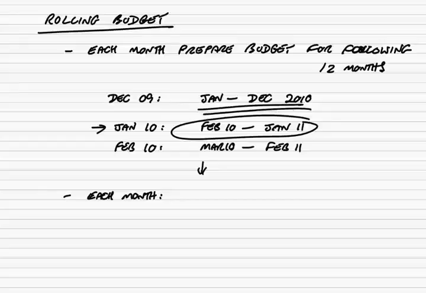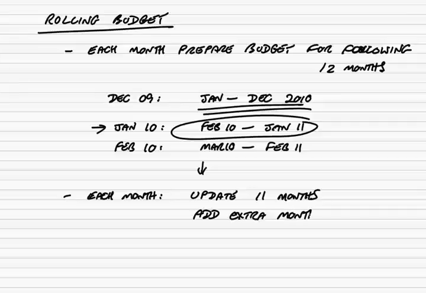And so what you're doing is you're updating 11 months, which are already there. Clearly you may need to change figures because price increases have been different, but you're updating 11 months you've already got, and you're adding an extra month. So it's not quite as big a job as it looks at first glance.